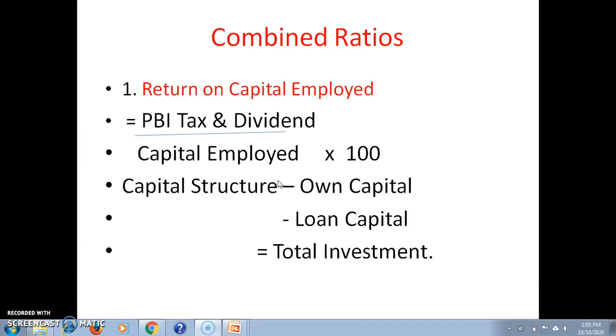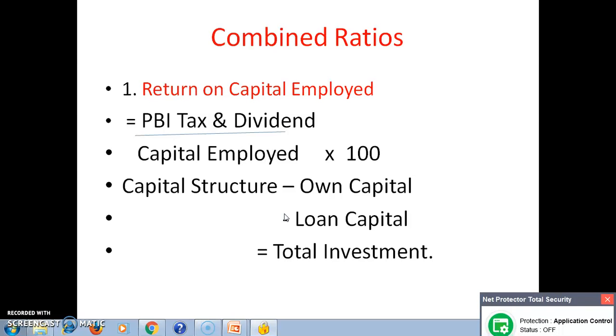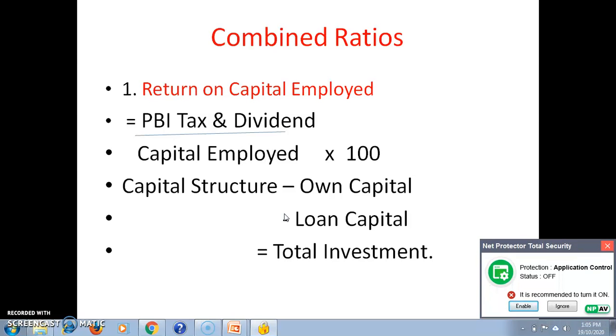This is the balance sheet liability side, own capital plus loan capital, that is the capital structure or capital employed. From the asset side of the balance sheet, capital employed means fixed assets plus current assets less current liabilities, that is fixed assets plus working capital, which is also known as capital employed.